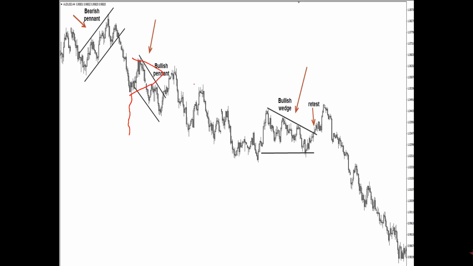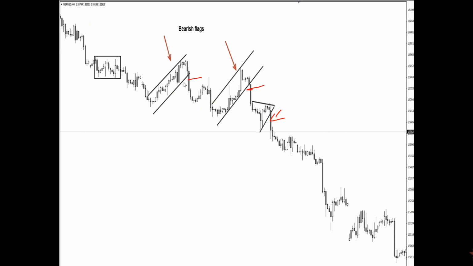So this is also qualified as a pennant. If you ask me, a pennant and a channel are the same, basically. If you see a pennant like this, it is not the same, but if you see a pennant which is qualified as a flag, then that is the same, because we have a channel.